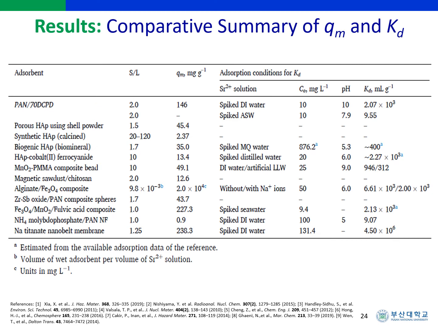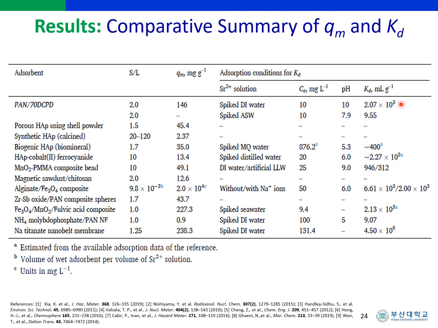This table is a comparative summary of maximum adsorption capacities and uptake selectivities, in terms of Kd values, of different strontium adsorbents. Strontium uptake selectivity of the PAN 70 DCPD-NF was evaluated using strontium-spiked water with pH 10 and artificial seawater with high concentrations of competing ions: calcium, potassium, magnesium, and sodium.